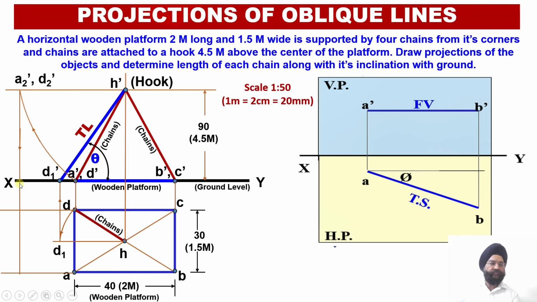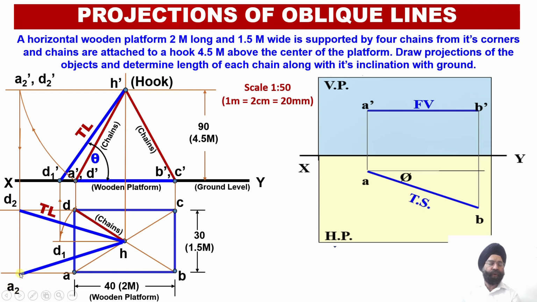So once we draw this vertical projector downwards, wherever this projector intersects with the horizontal locus line emerging through the point D, the point D2 will be located over here. Wherever this vertical projector line intersects with the horizontal locus line emerging through the point A, point A2 will be located.